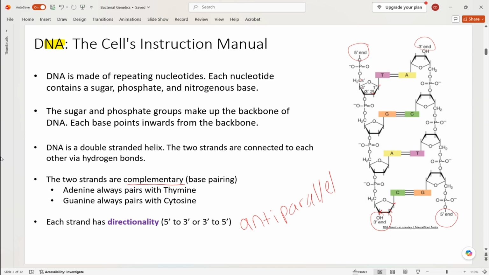Each strand has a sugar phosphate backbone and it has directionality. One of the strands runs 5' to 3', the other one runs 3' to 5'. We say that they are anti-parallel. And due to the base pairing phenomenon with adenine and thymine always pairing together, cytosine and guanine always pairing together, we say these two strands are complementary.